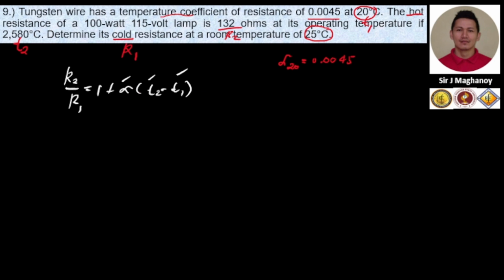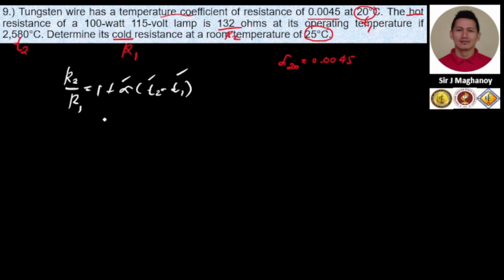We are asked to determine the cold resistance at room temperature, but before that, we need to determine the initial resistance, or cold resistance, at the reference temperature of 20 degrees Celsius.